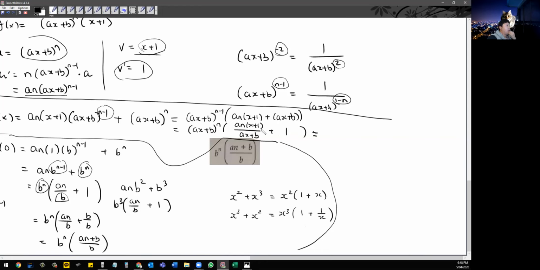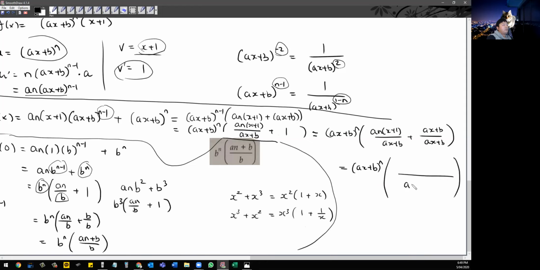So this one over here becomes (ax plus b)^n times the bracket (a_n x plus 1) over (ax plus b) plus (ax plus b) over (ax plus b). Then it becomes, just for the sake of practicing simplification, because anyone taking calculus seriously is expected to know how to simplify things, this is a_n x plus ax plus a_n plus b.